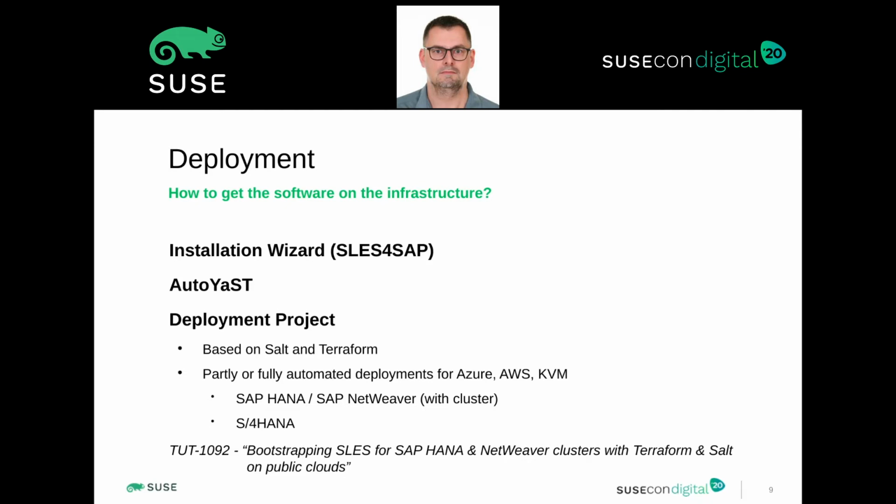I think most of you know AutoYaST for automated deployments. And we have also started a new deployment project, which is based on Salt and Terraform. This started a year ago, if I remember correctly, as a project which we started together with Azure to deploy SAP HANA or NetWeaver and also S/4HANA on Azure, even with high availability.